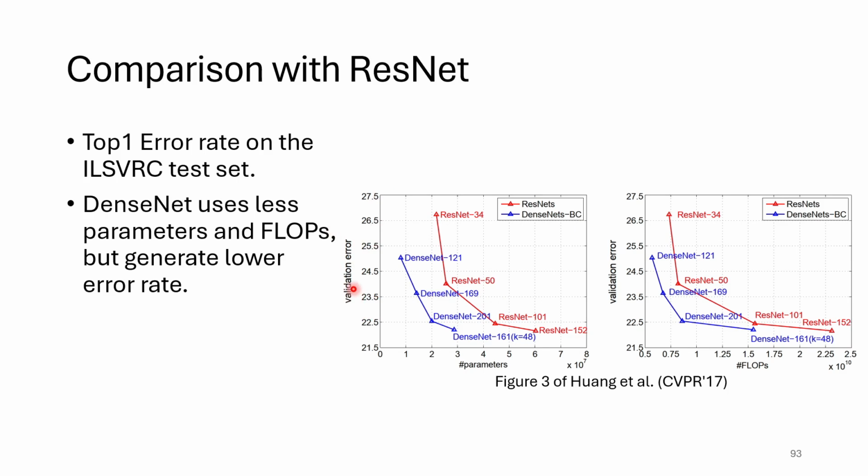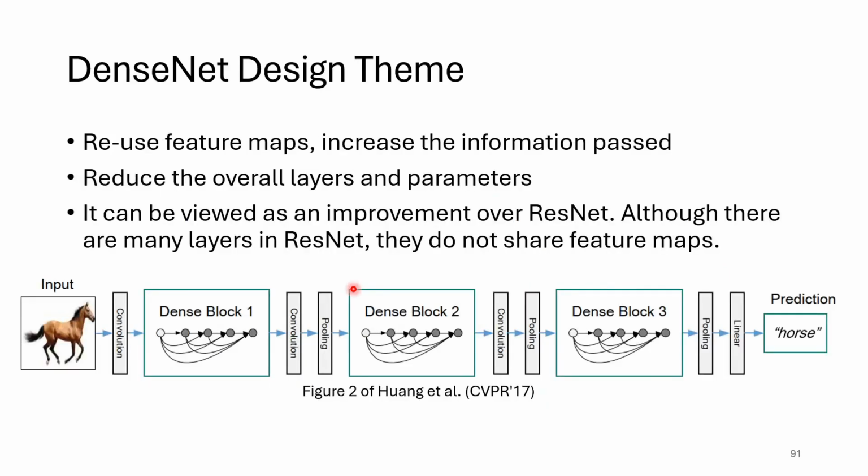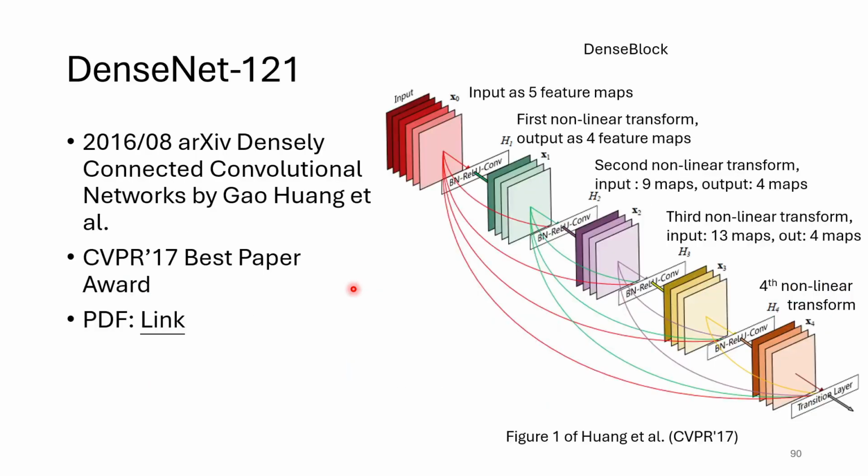It means you can use fewer parameters and fewer computational resources, but generate the same accuracy. So that's why DenseNet got the CVPR 17 Best Paper Award.